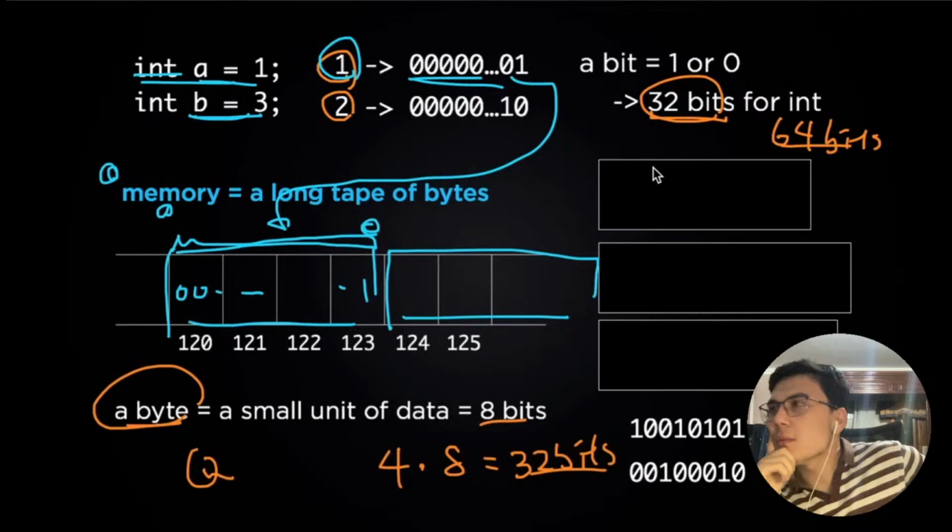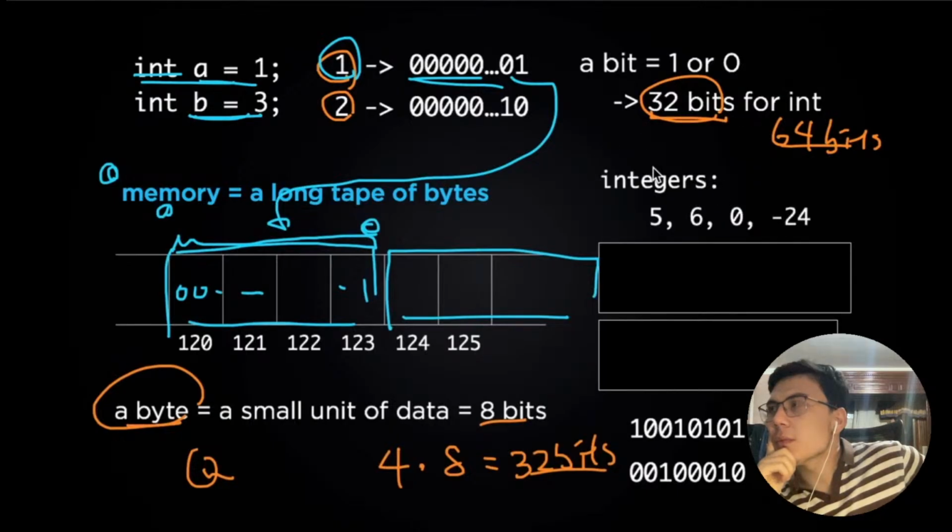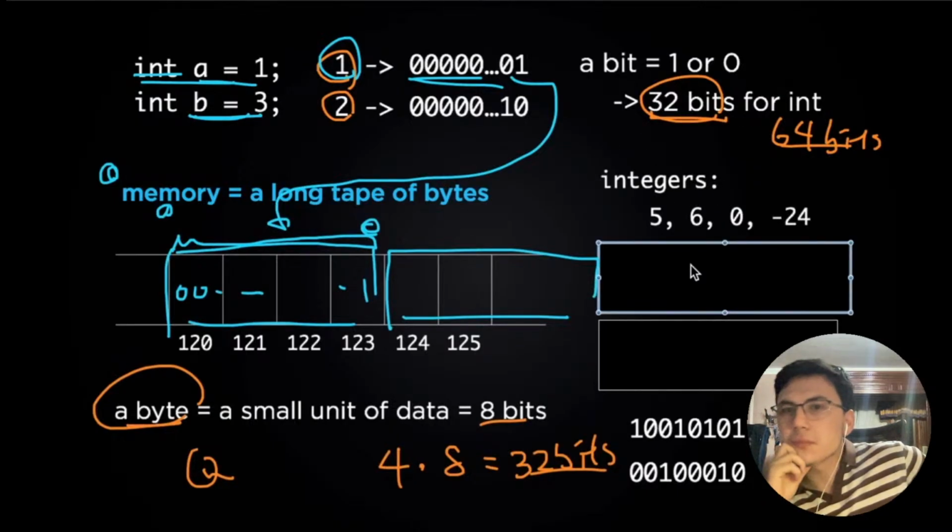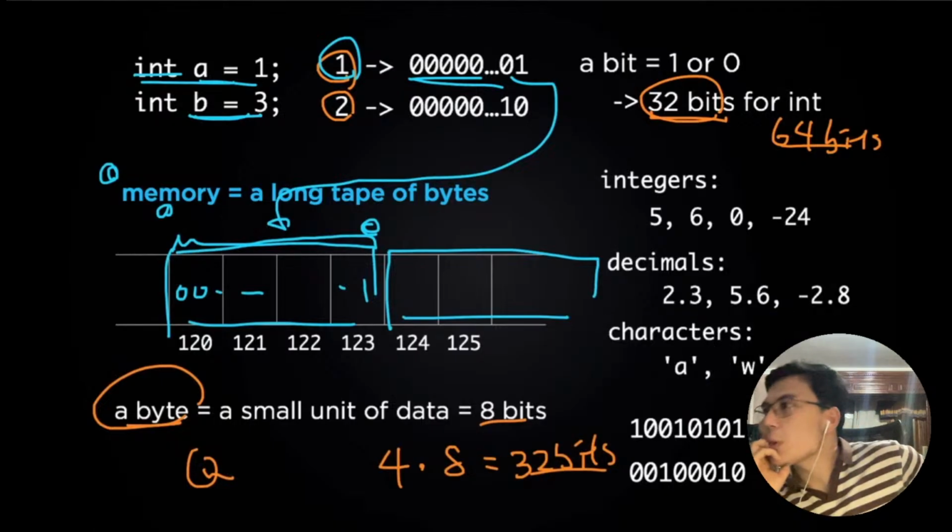That's how integers are stored in memory, and the idea is the same for things like decimals or characters. You might need a different number of bytes for each type of data, 2.3 or A or whatever, but the idea of using consecutive bytes to store each piece of data is exactly the same.